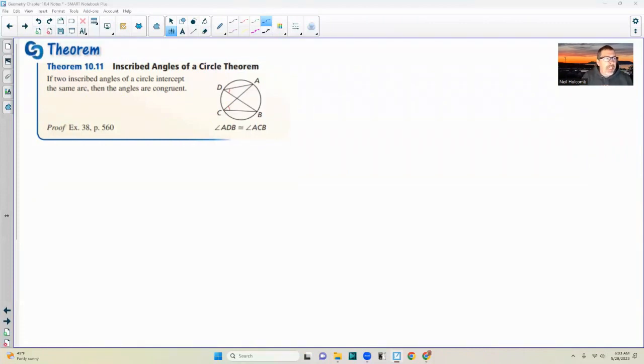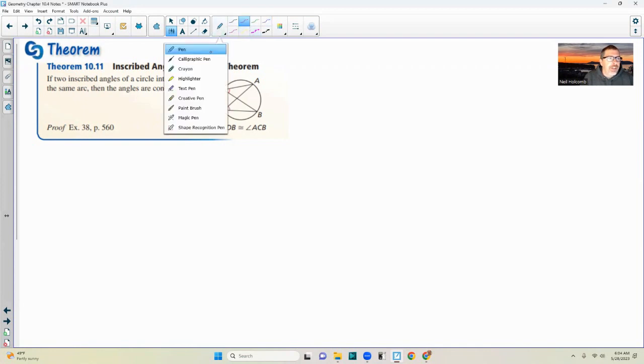Okay, theorem 10.11, inscribed angles of a circle theorem. If two inscribed angles of a circle intercept the same arc, then the angles are congruent. So we just did that in that last example. It's really weird how the book says, oh, well, look what you just did. Here's the theorem that highlights that.